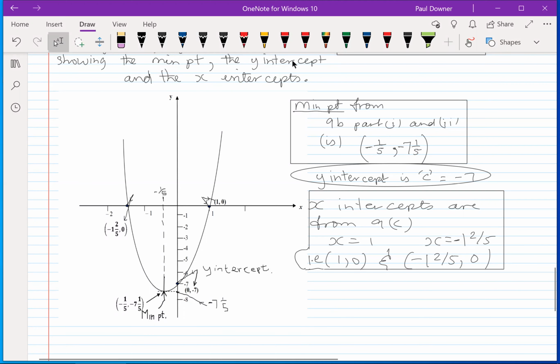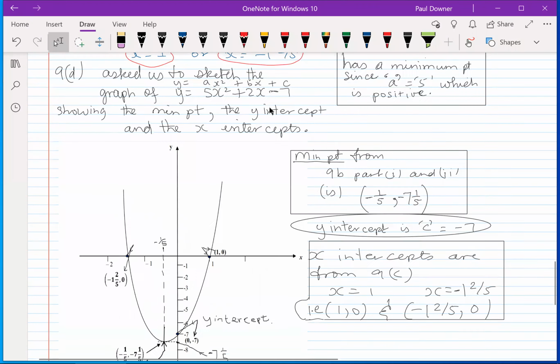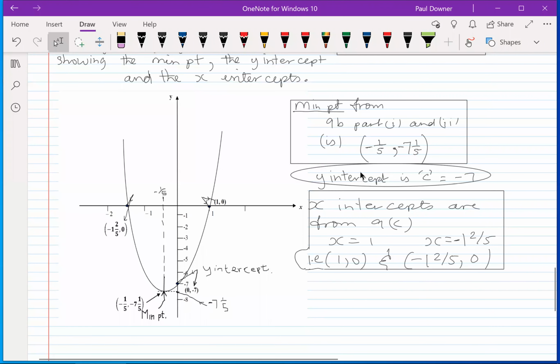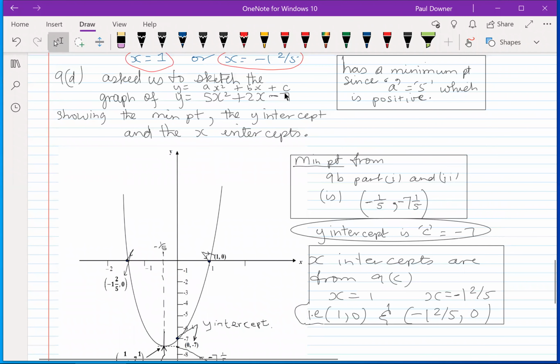The y-intercept is also a point that they wanted us to show on the graph. But you guys might remember that the y-intercept is c, right? What c am I talking about? This c. Because if y in a quadratic equation is ax squared plus bx plus c, then in this particular quadratic, the c value, which is this, would be the y-intercept, which means the graph is going to cut the y-axis at minus 7.